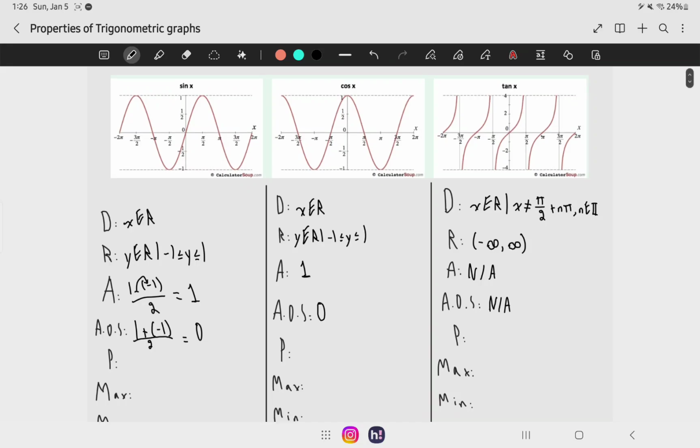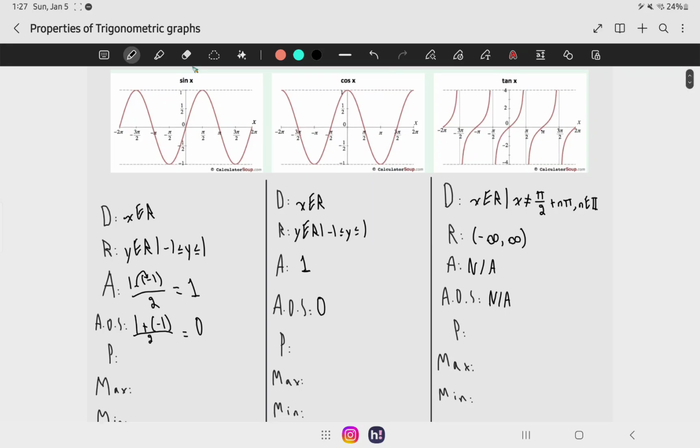So for your basic sine and cosine graphs, if you can find any one point, and as long as you find the second point where it matches up with the first point, where it completes one full cycle, then you can find the period. So let's say you look at the sine x graph. You can see that it starts at 0, and then it goes all around, and it ends at 2 pi.